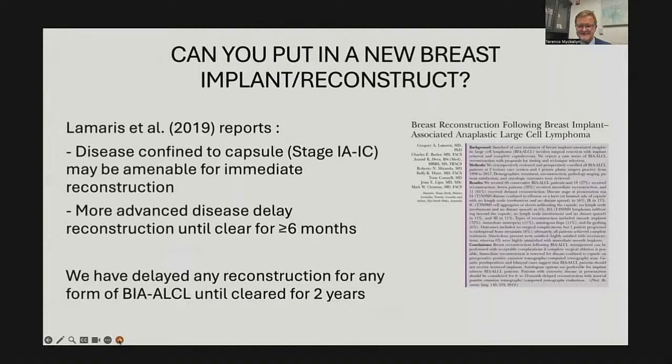However, for more advanced disease, so extracapsular disease, they recommend that the patient be clear for at least 6 months before proceeding. And at my own institution, our medical oncology team prefers that we don't put in any implants, or try to reconstruct, regardless of the stage of disease, for at least 2 years after the en bloc capsulectomy.